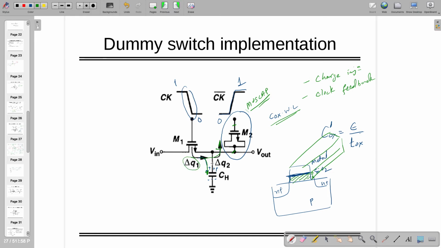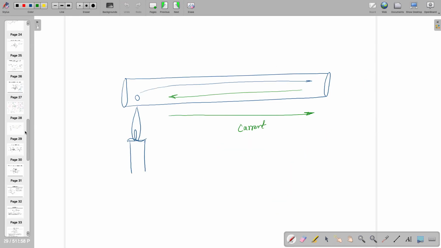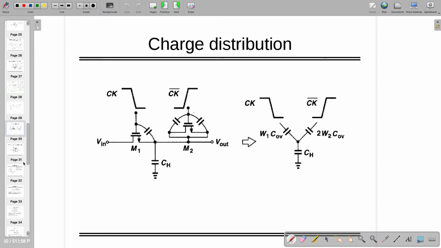So if delta Q1 is going here, delta Q2 has to go to the other side. You can see the charge distribution, how it goes on if you are using this. So the idea was that you keep some value of capacitor which is going to pull delta Q1 into itself. Then you have zero fluctuations.